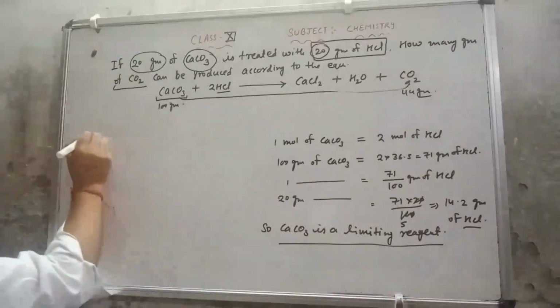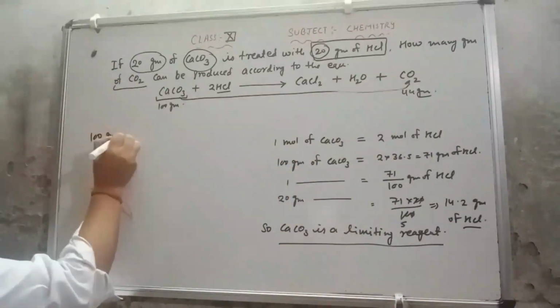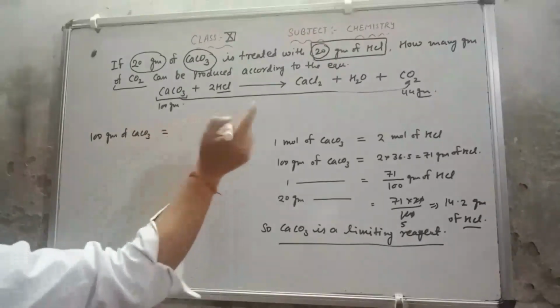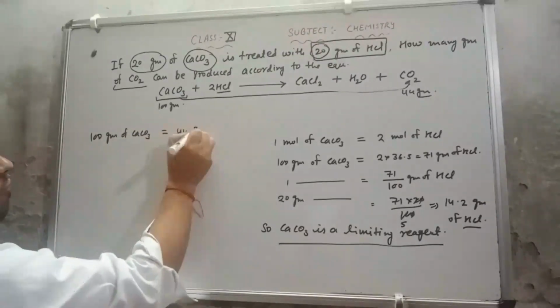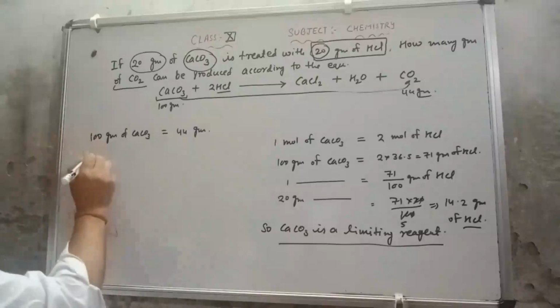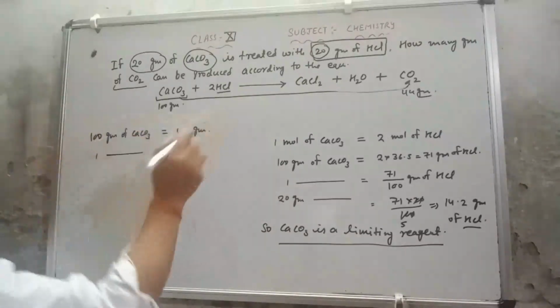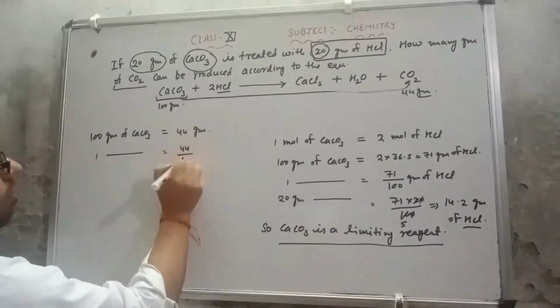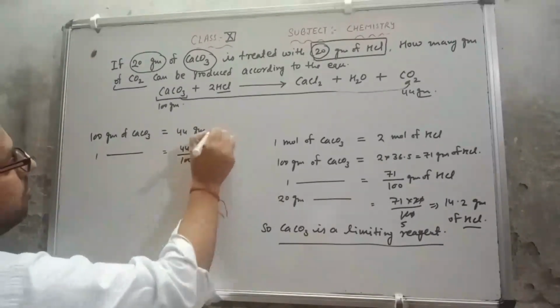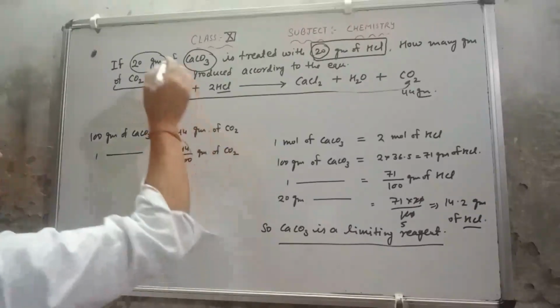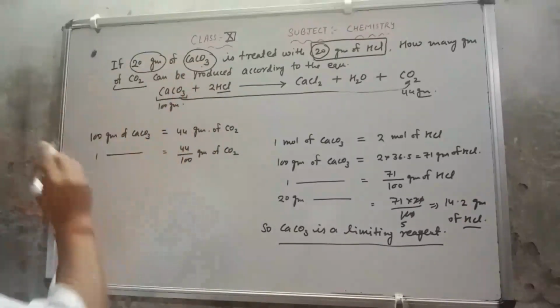So 100 gram of calcium carbonate gives how much carbon dioxide? 44 gram. So 1 gram of calcium carbonate will give 44 upon 100 gram of CO2. How much calcium carbonate do I have? 20 gram.